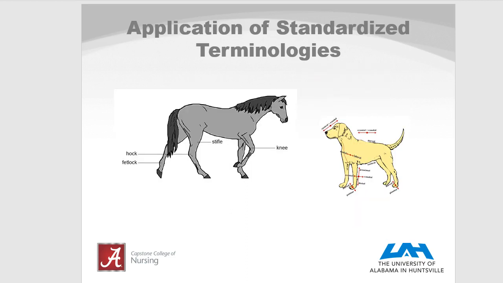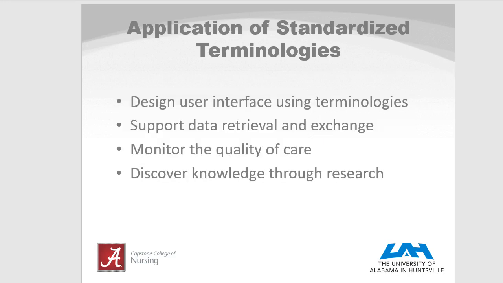Same thing with this other example, a horse and a dog. Some of the parts may be identified, may be the same, but those are obviously two different species. So it's very important when we're designing user interfaces in informatics, what the end user is seeing, and how that data being collected is communicating with another system in the larger system.